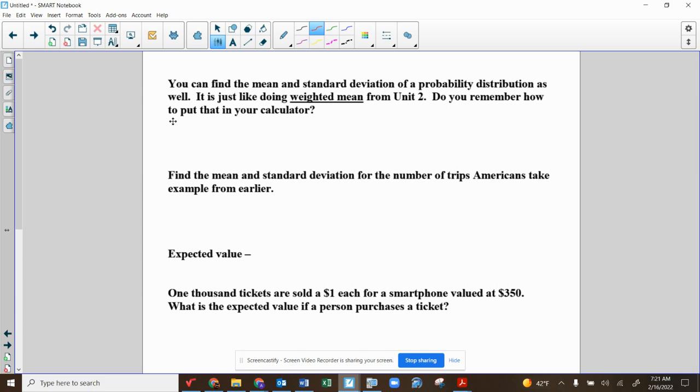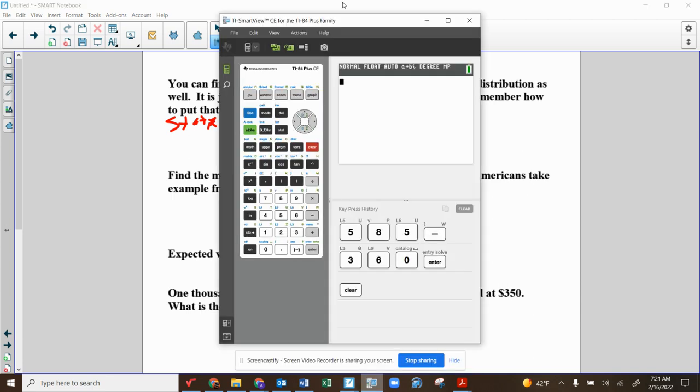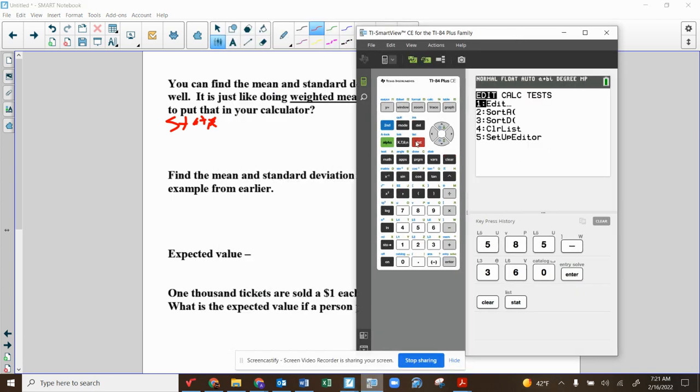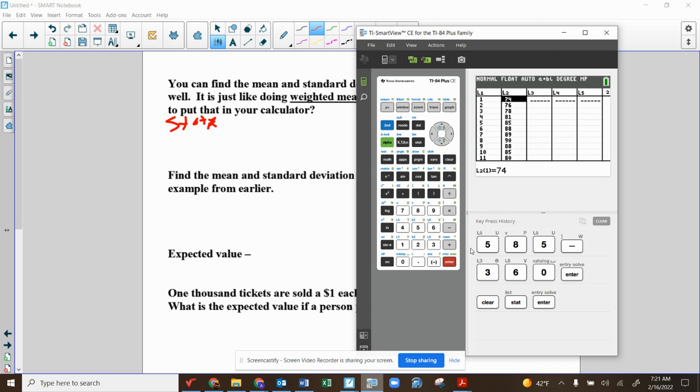So essentially in your calculator, you go under Stat. Here, I'll pull it up here too. So go Stat, Edit.